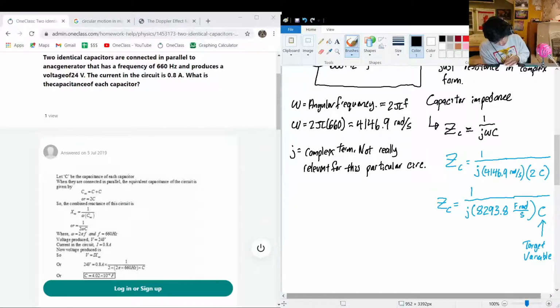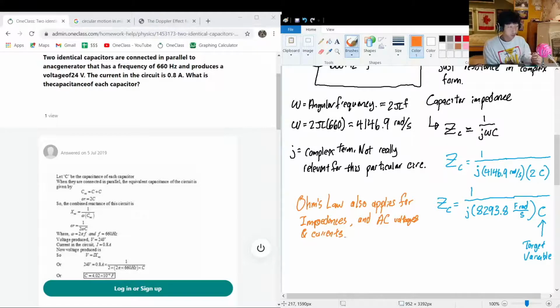Now we know from Ohm's law, I'll put this in orange. Does that appear well? Yeah, okay. Ohm's law also applies for impedance and AC voltages and currents.